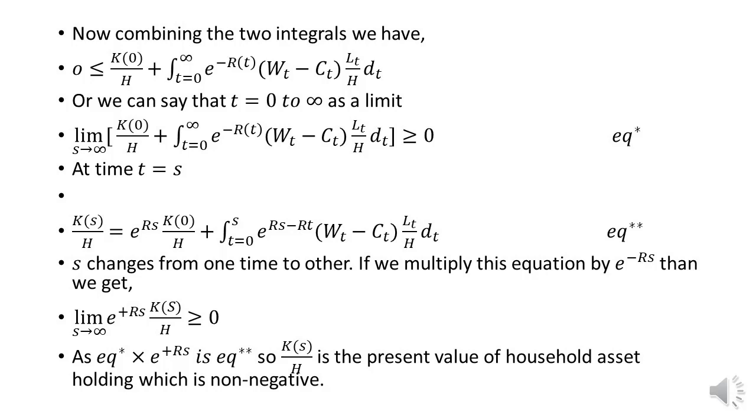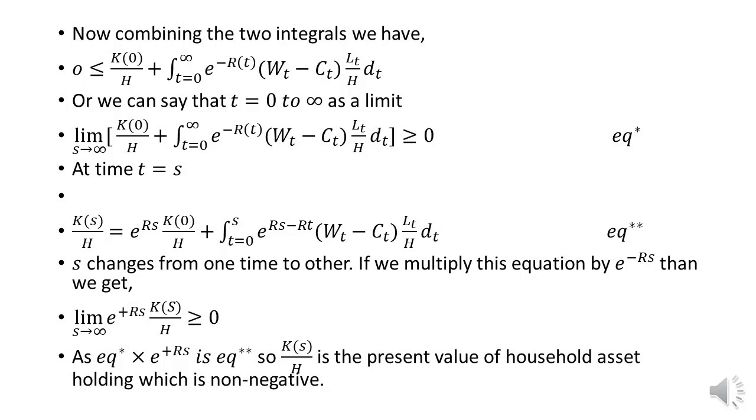So we can see in this equation that capital per household at time s, k(s) over h, is equal to the discounted price of wages minus consumption per household, labor supplied.